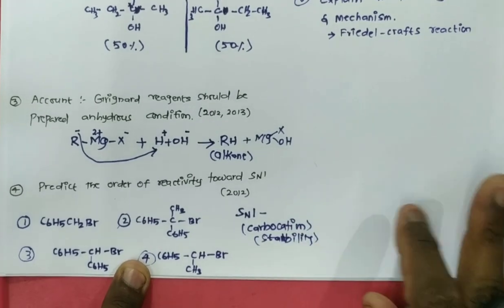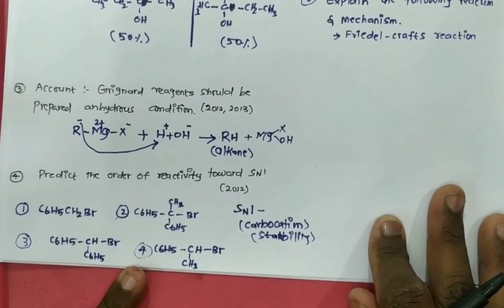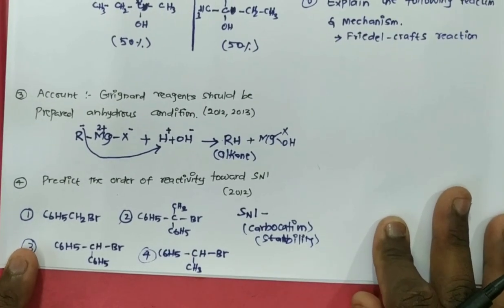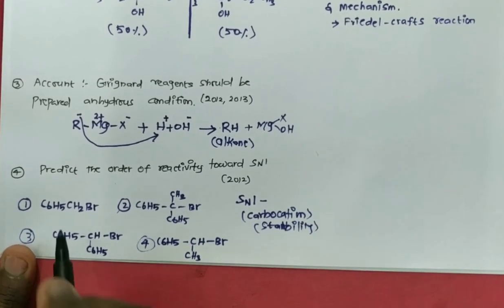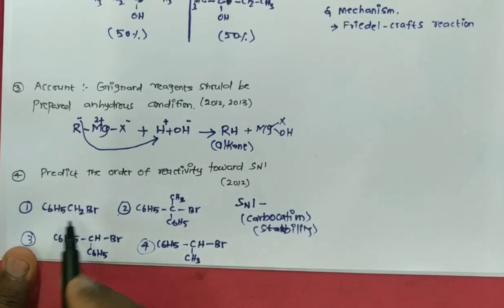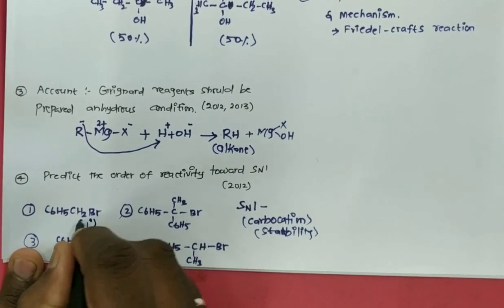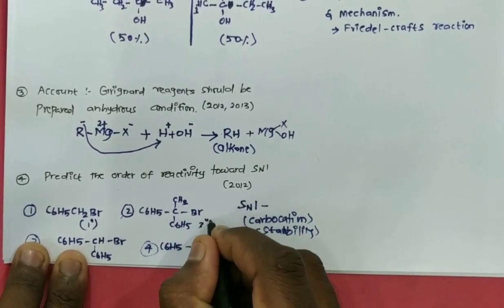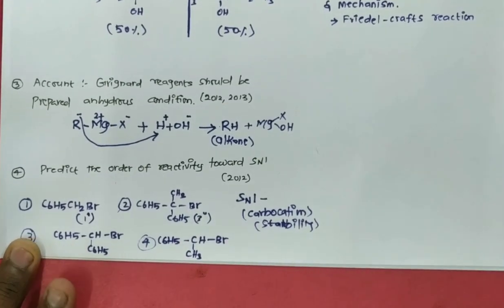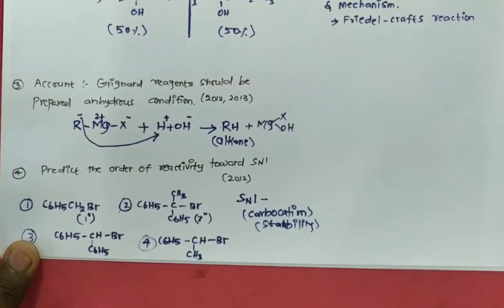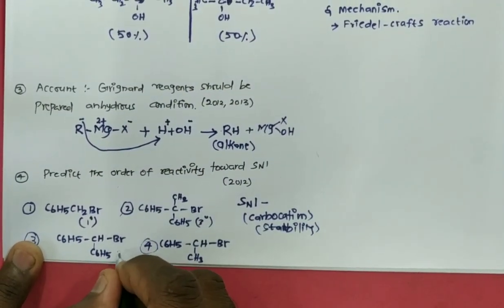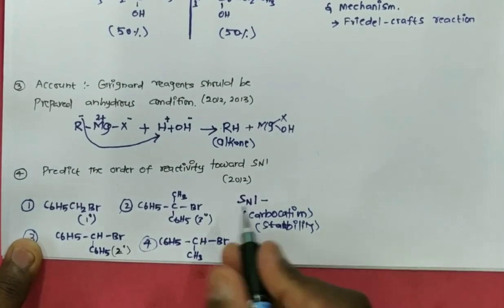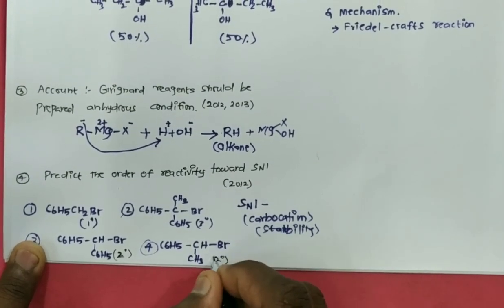A more stable carbocation will lead to faster reaction in SN1 compared to these four compounds. Compound 1 is a 1 degree compound, so it forms a 1 degree carbocation. Compound 2 is 3 degree, it forms a 3 degree carbocation. Compound 3 forms a 2 degree carbocation, and compound 4 also forms a 2 degree carbocation.